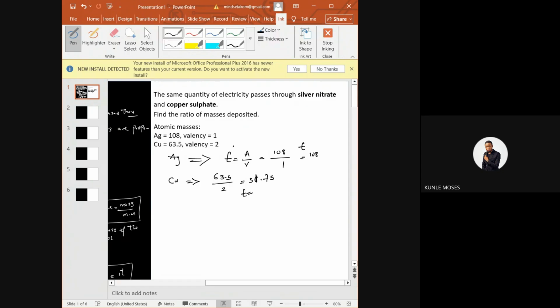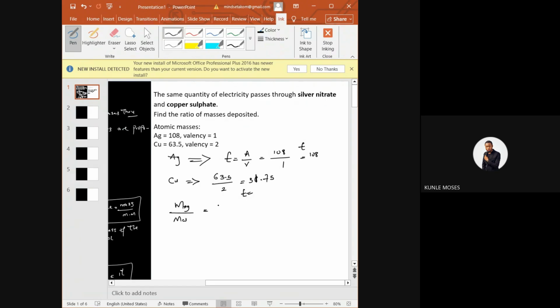Okay, thank you. So the question says we should find the ratio of the masses. It's so simple. The ratio of the mass here will be the mass of the first substance over the mass of the second substance.